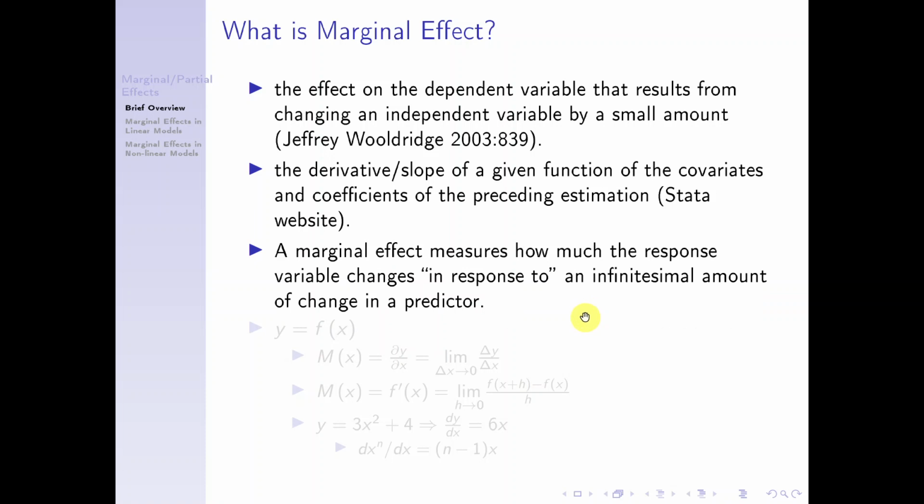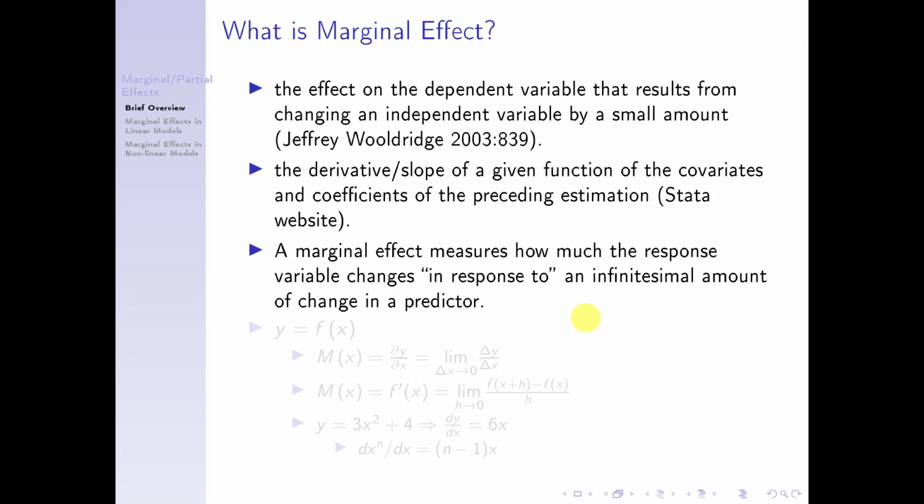What really is marginal effect? A marginal effect measures how much the response variable changes in response to an infinitesimal amount of change in the predictor. Okay? A lot of times, controlling for the values of other covariates, or given the values of other covariates.